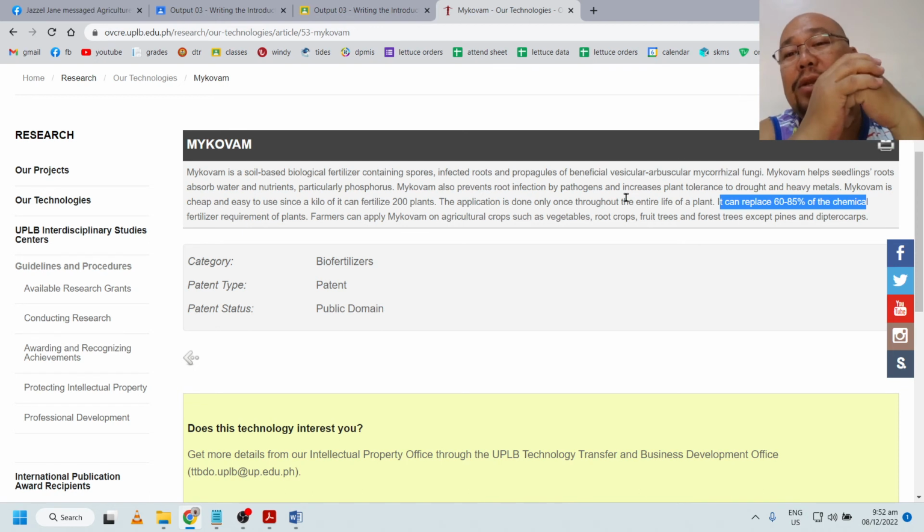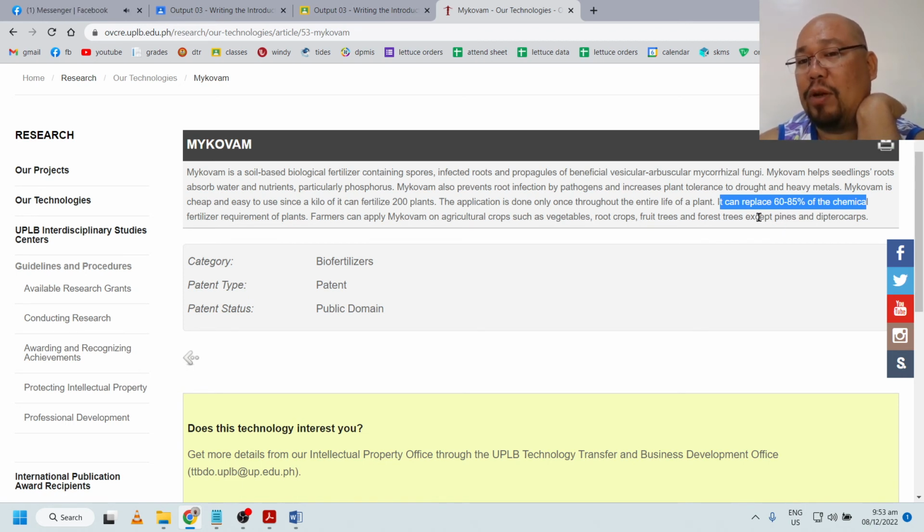Then for your treatments, you apply only a portion, since it replaces 60 to 85%, meaning based on the recommendation you leave only 15 to 40% of it. For example, if the recommendation is to apply nitrogen at 100 kilograms per hectare, I hope that makes sense. For example, after soil analysis, the recommendation says you apply nitrogen at 100 kilograms per hectare.